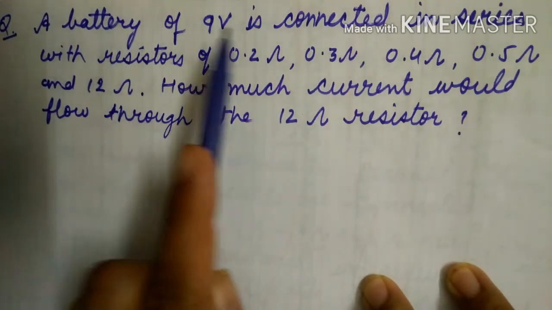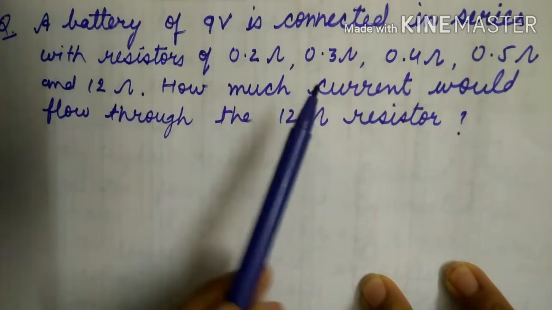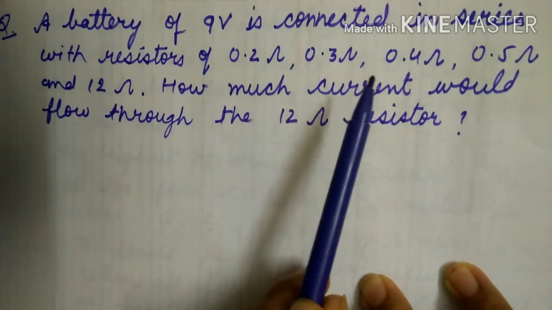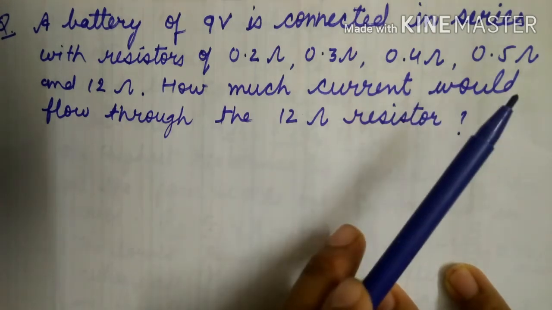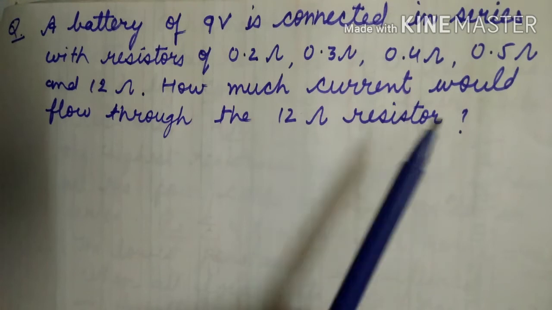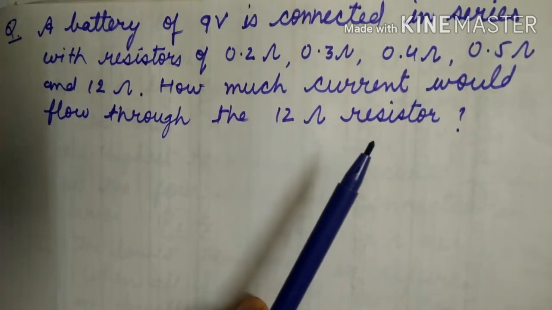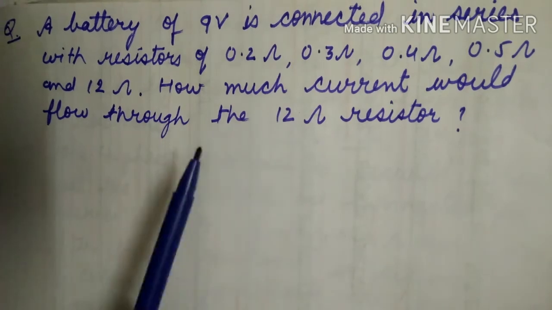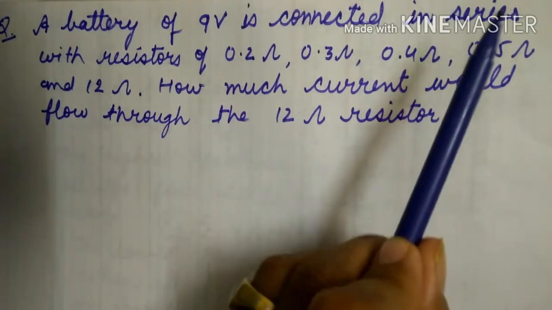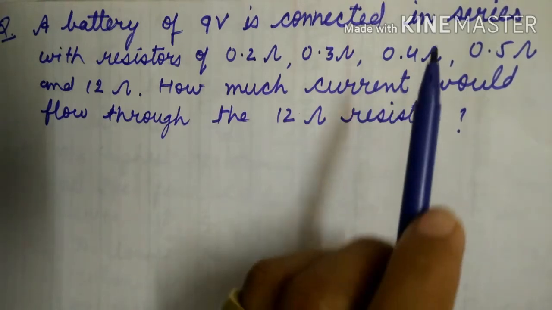A battery of 9 volt is connected in series with resistors of 0.2 ohm, 0.3 ohm, 0.4 ohm, 0.5 ohm and 12 ohm. How much current would flow through the 12 ohm resistor? In this question, all the resistors are connected in series. So firstly we will find the equivalent resistance.